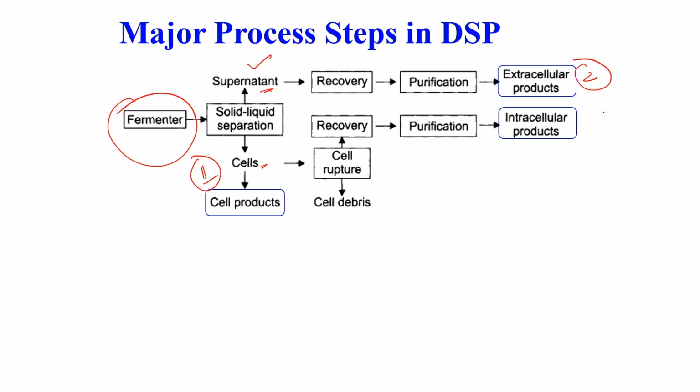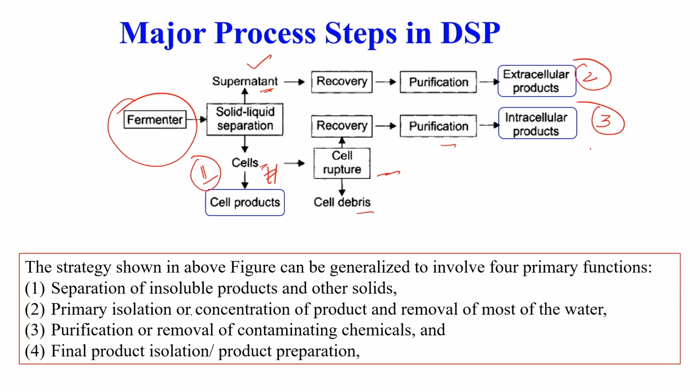Third option is you are having intracellular product, again you are going to concentrate here, you will go for cell rupture, remove the debris and then you go to the recovery and purification step. So, in this way you can see your product can be cells itself, you can have intracellular product or you can have extracellular products. So, what are the key steps here? First is separation of insoluble products and other solids. Second is primary isolation or concentration of product, a removal of most of the water.